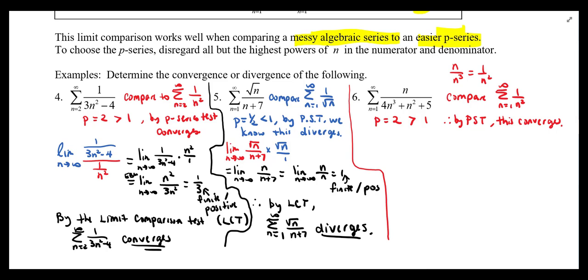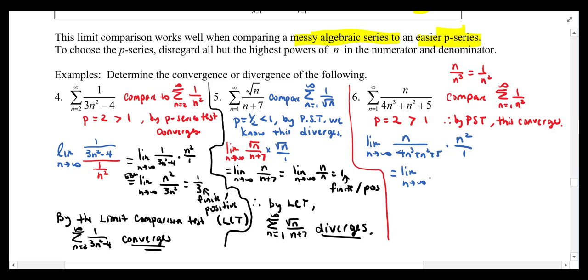And now we'll do that limit as n approaches infinity of n over 4n cubed plus n squared plus 5. Remember, we're dividing by 1 over n squared, so I'm going to multiply by n squared over 1. That simplifies to n cubed on the top, 4n cubed plus n squared plus 5 on the bottom. And then by the n behavior model, we're just going to look at the highest powers. And that simplifies to 1/4.